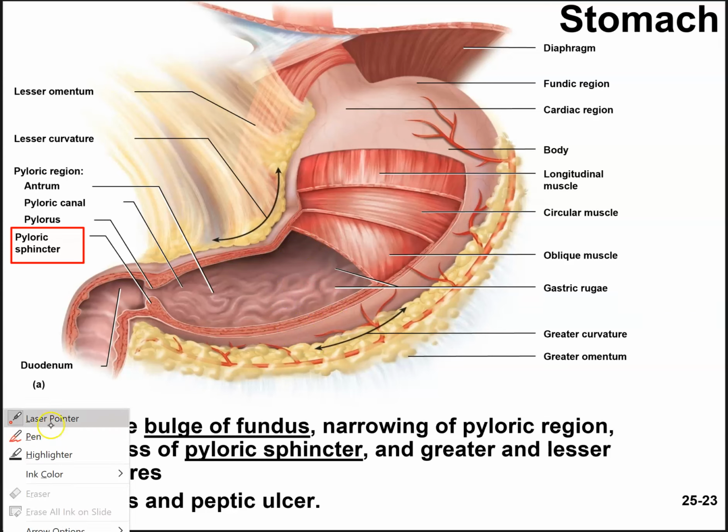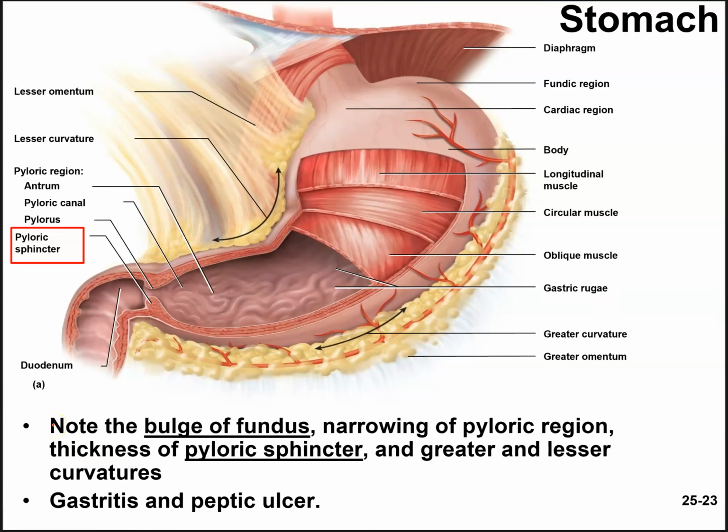Let me write this down. So the liquefied food in the stomach is known as chyme. So this is where chemical digestion of proteins begins in the stomach at really, really low pH.